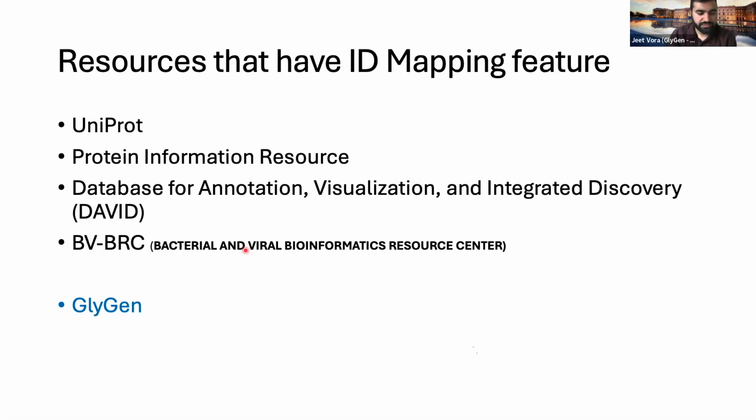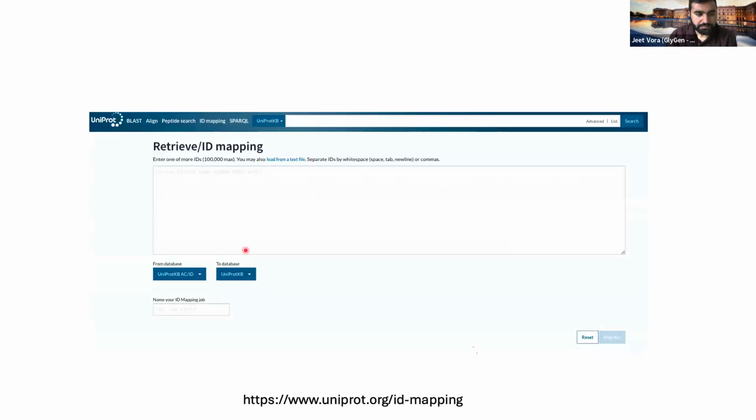Each of the resources will have different flavors based on their data and their data model. But in a sense, they work in a similar fashion, or the concept behind it is similar.